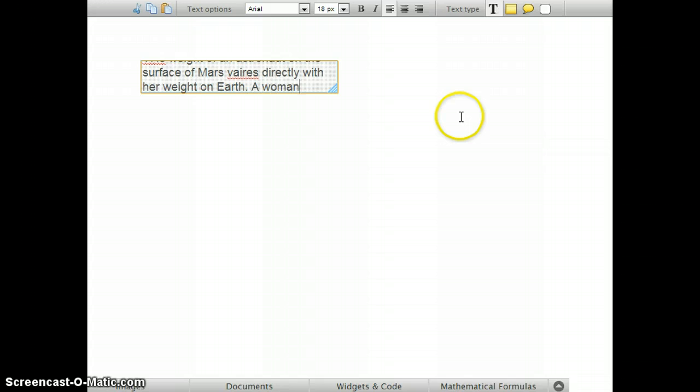A woman weighing 120 pounds on Earth weighs only 45.6 pounds on Mars. How much would a 135-pound astronaut weigh on Mars?